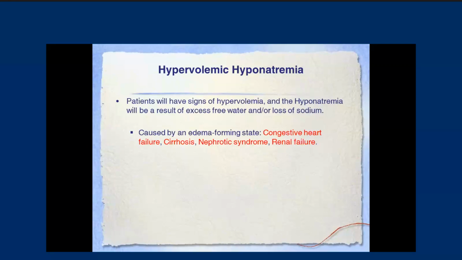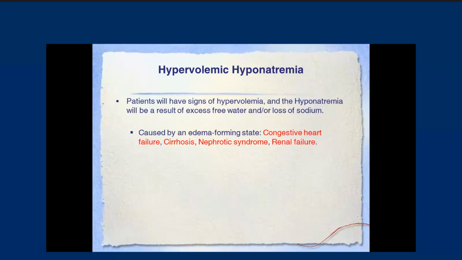In case of congestive heart failure, it is due to decrement in cardiac output, and in case of cirrhosis due to arterial vasodilation, which will be sensed by the baroreceptors as a decrement in the effective arterial volume.